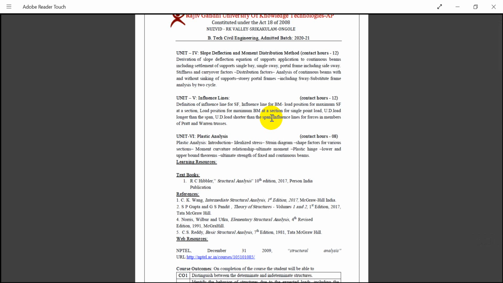That is the Muller-Breslau principle. Very easy and you will love it. No need to place forces at supports or sections. What is the value? Nothing. Just draw it. You can easily draw influence lines. No more calculations. That is the topic, Muller-Breslau principle.